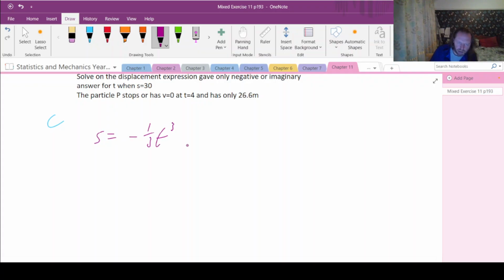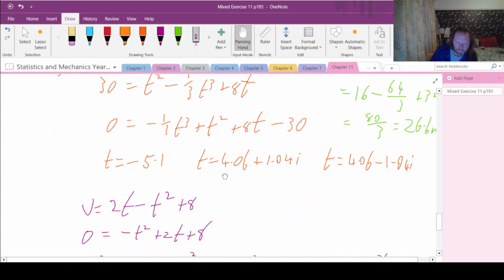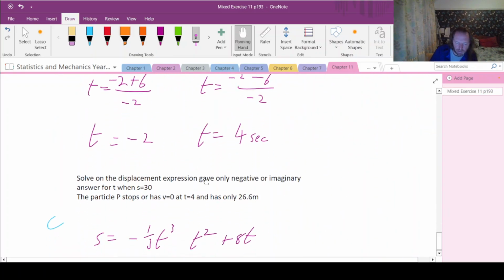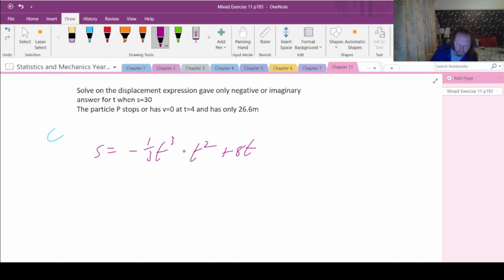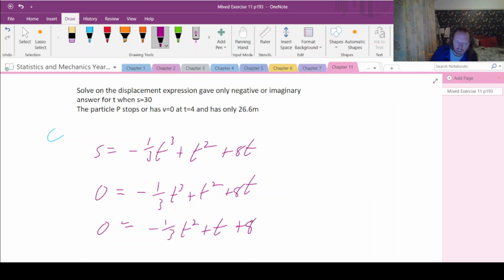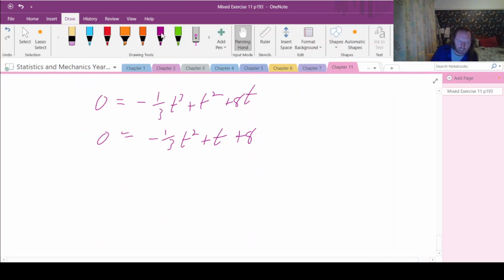And we're setting that equal to 0 to find out when it returns. Divide it all through by t. So 0 equals minus a third t squared plus t plus 8.